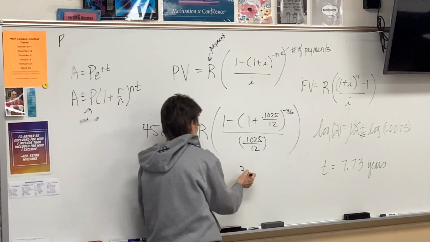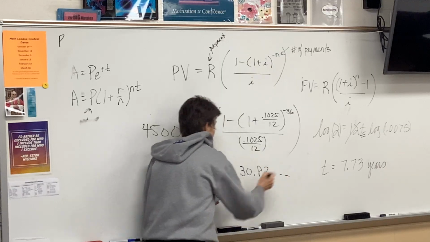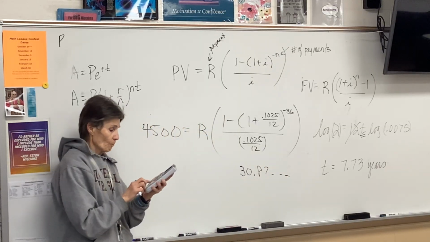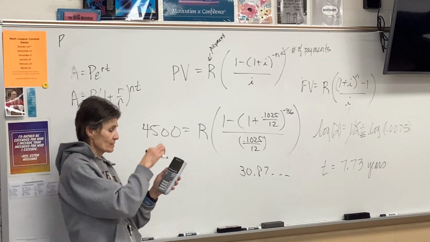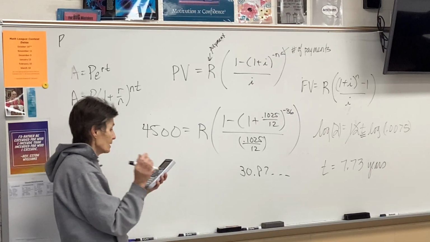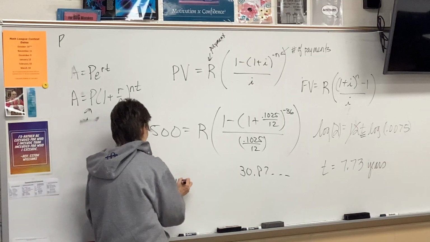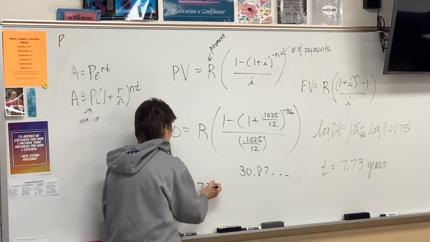So this came out to be 30.87. So 4,500 divided by that answer, second answer. And the payments are $145.73.